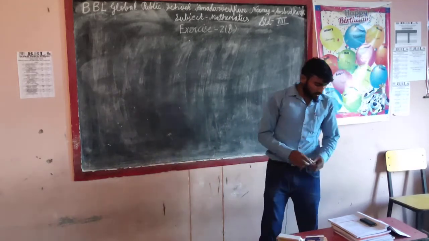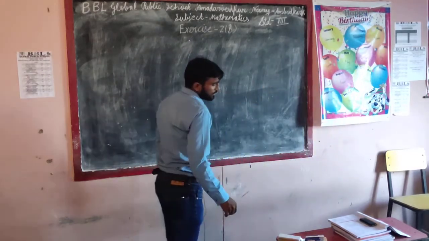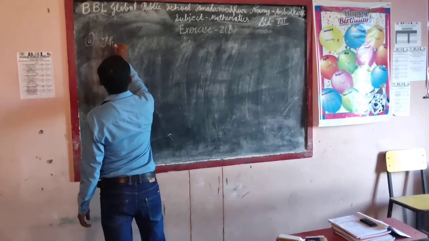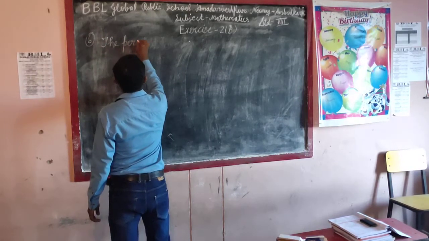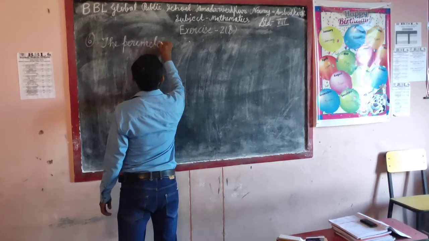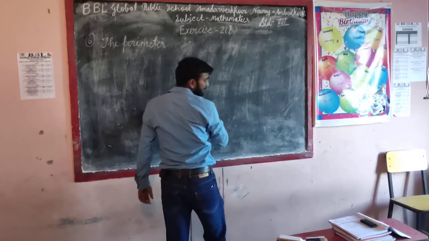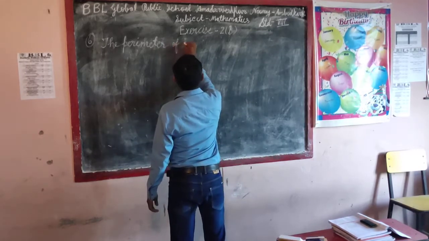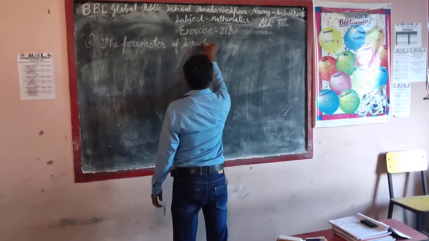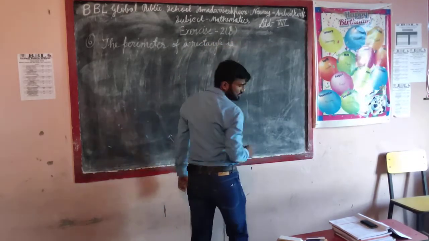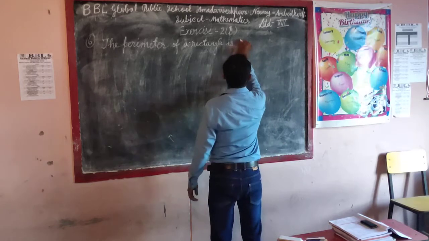Question number 6: the perimeter of a rectangle is 90 centimeter.